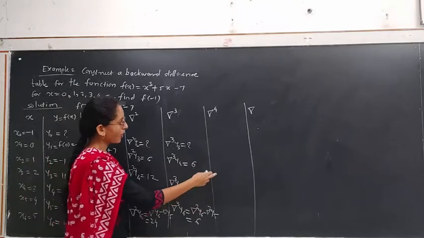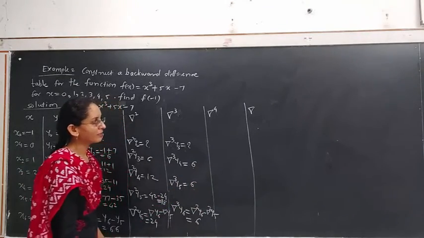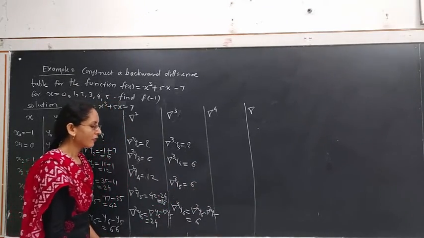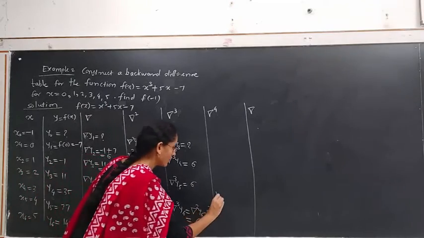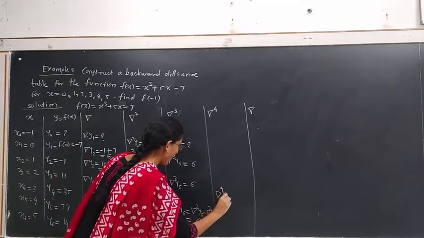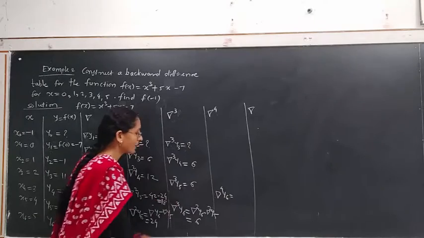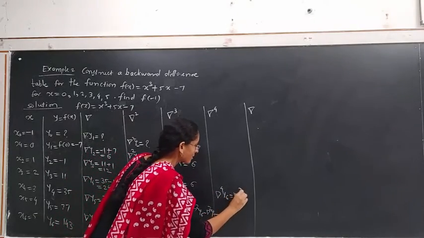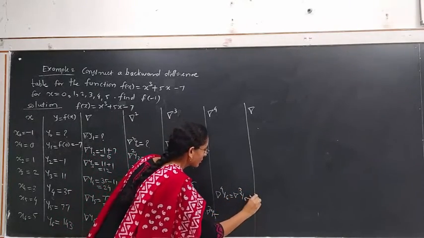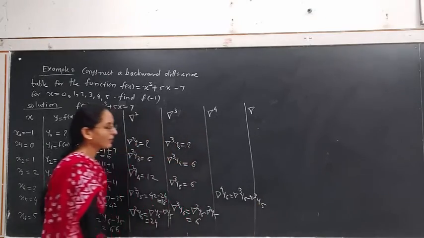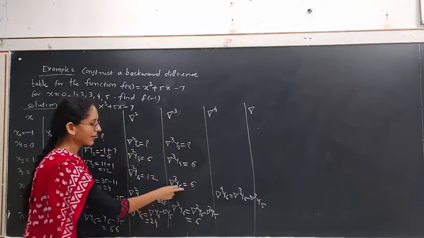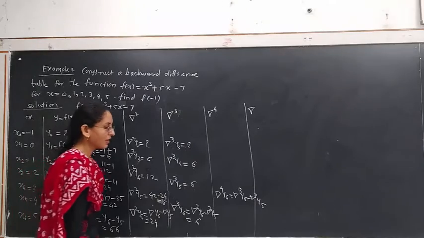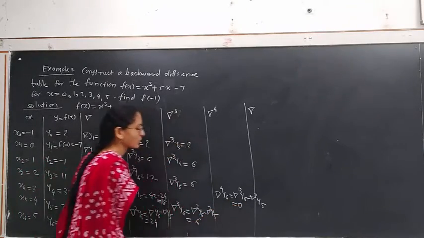So, in the next column, the fourth order backward difference values are 0. If we try to find that value, del raised to 4 y6, what is the formula? Del cube y6 minus del cube y5. Both values are the same: del cube y6 is 6 and del cube y5 is 6. Hence, this difference is 0.